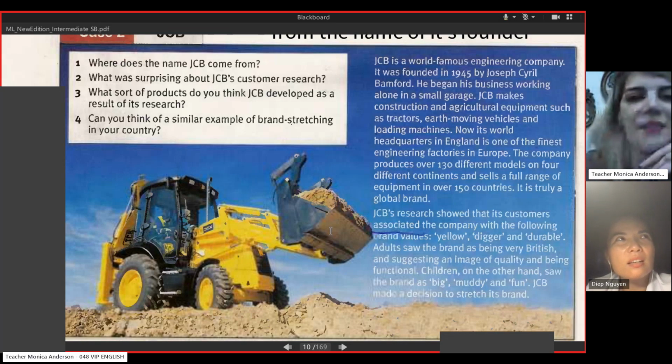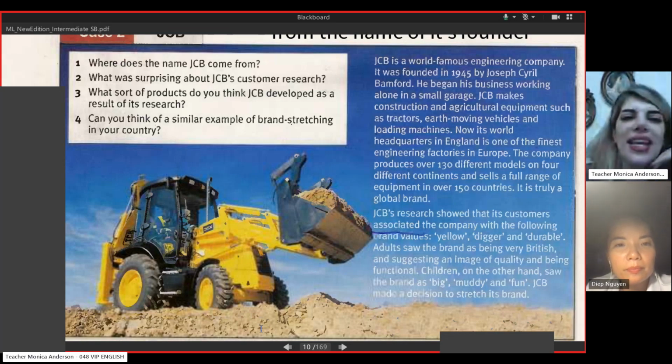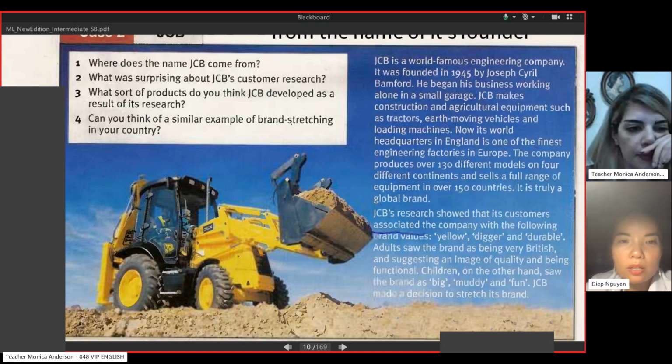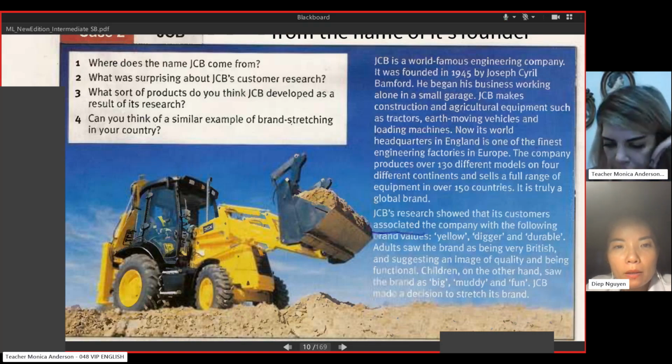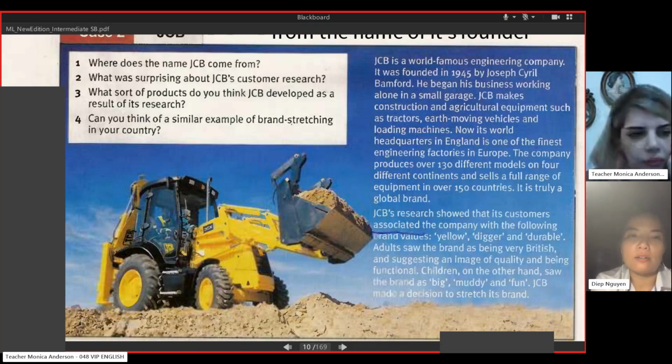Yeah, okay. So number three, what sort of products do you think should be developed as a result of its research? How to say?